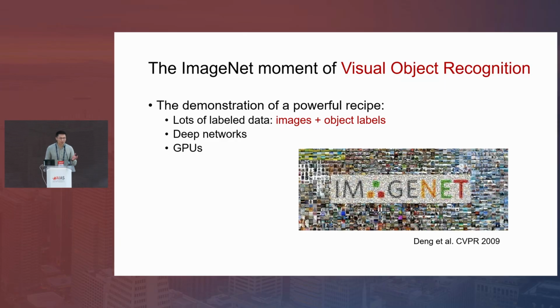In the literal sense, the ImageNet moment meant, in 2012, the application of this recipe to the task of visual object recognition. So it's not an exaggeration to say that what we do today in AI is basically this recipe on steroids applied to many different tasks.